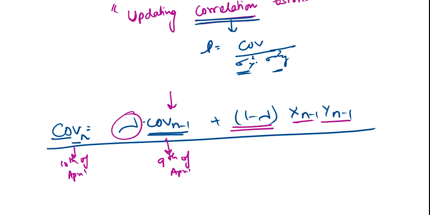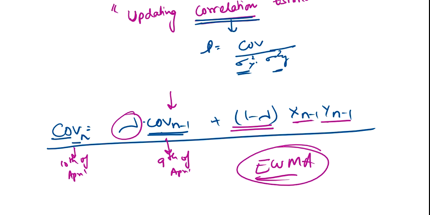Or it can be the returns of x and y. If I have two stocks, it can be the most recent returns of x and y. With the help of covariance, I can find out the correlation. Clear? So which model are we using? We are using the EWMA model to update our correlation estimation.